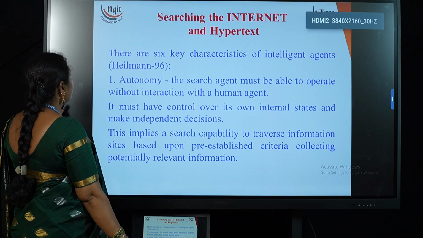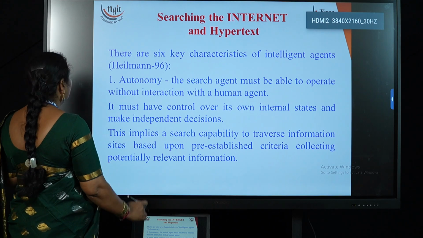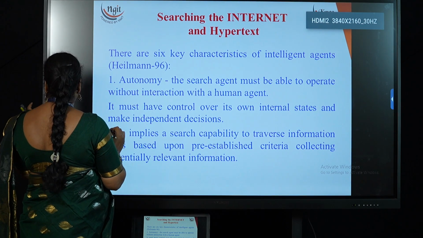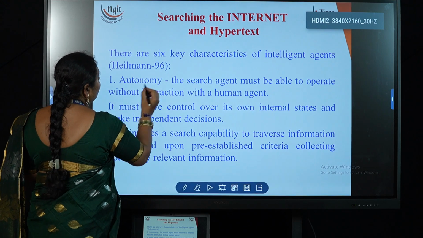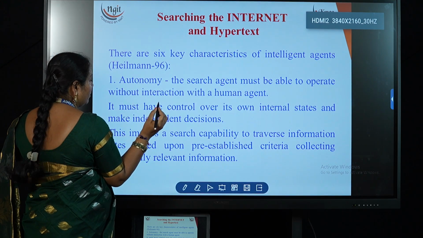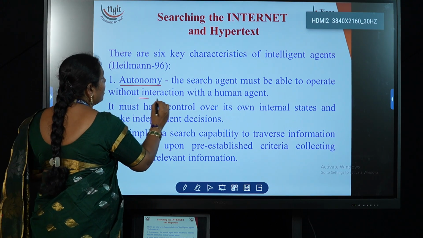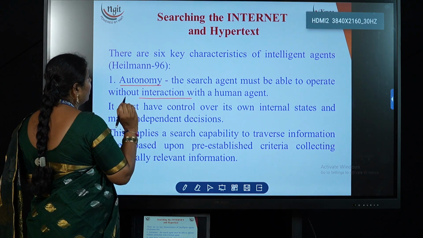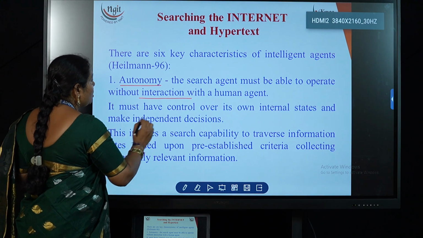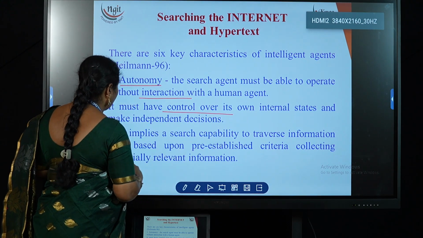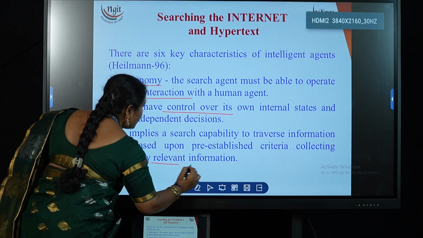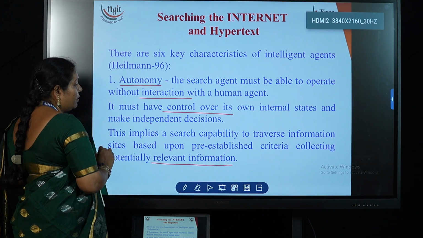So when you talk about these intelligent agents, we have autonomy. First one is autonomy. The search must be able to run without interaction with a human agent, because I am talking about an intelligent agent. Second, it should have control over its own internal states, and it should always return the relevant information.